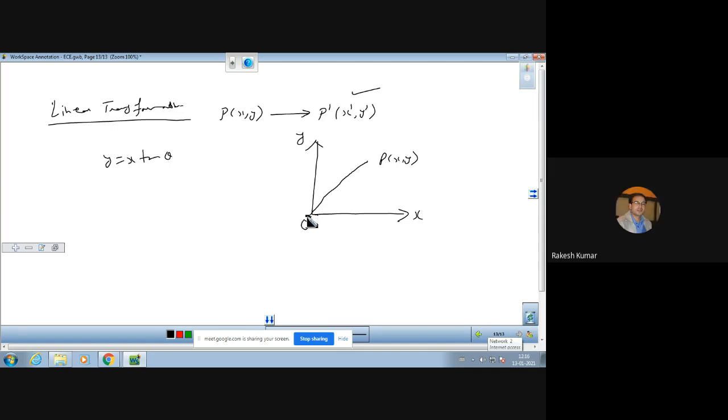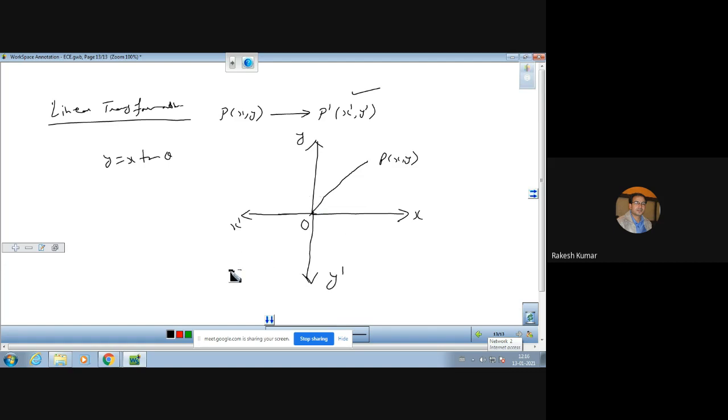Then the coordinates of P dash can be expressed, and this is the new point we have. Suppose this is the point, and this is the reflection of x-axis, that is x dash, and that will be the negative side of y-axis, that is y dash.